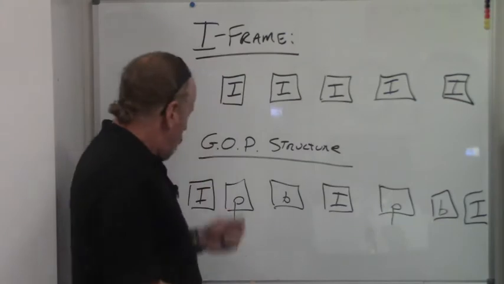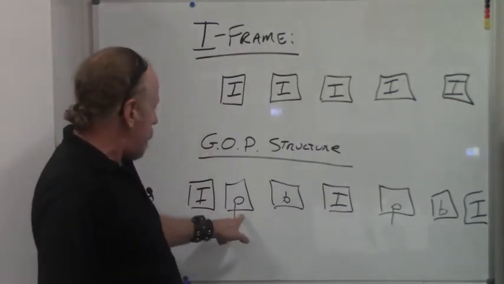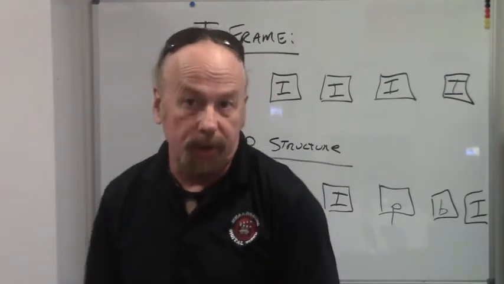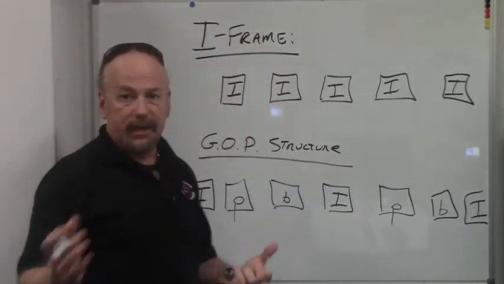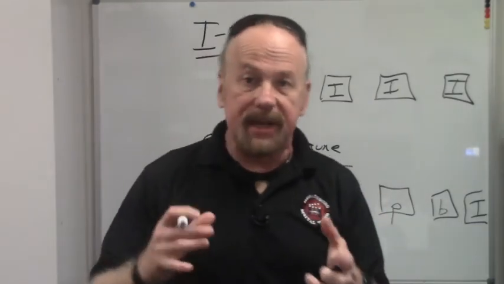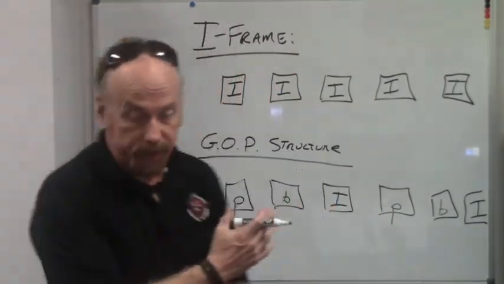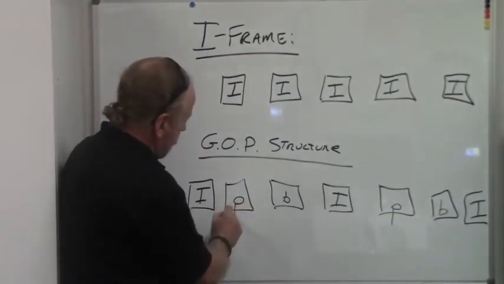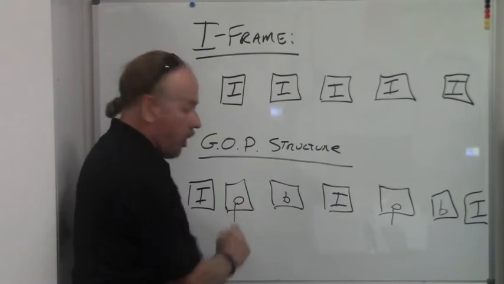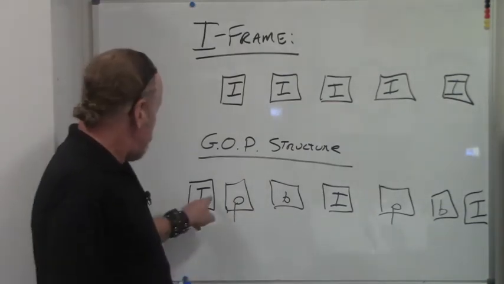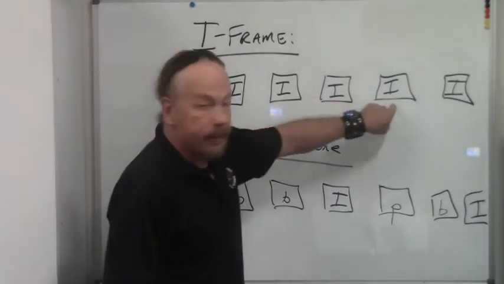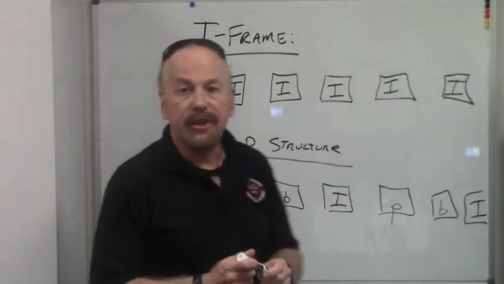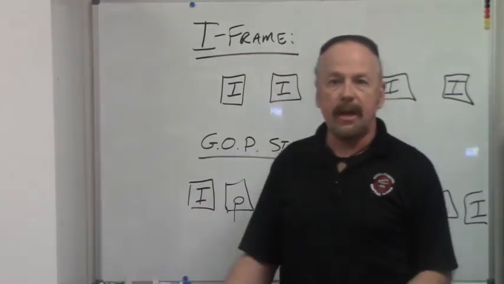What P frames are, the P actually stands for predictive picture, right? That really doesn't mean anything, and the B stands for bidirectional picture. So these frames, instead of carrying all of the information that's in the iframe, all these frames record are the change. So here's an example.